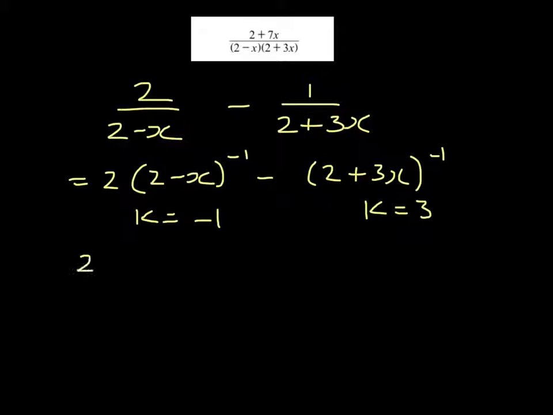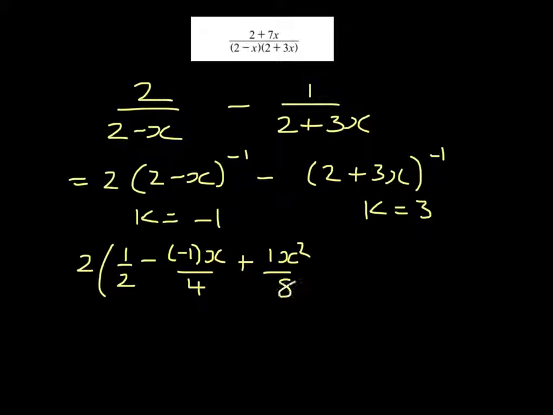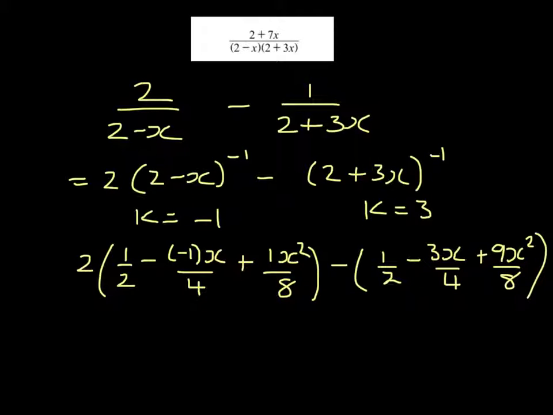That's going to give us 2 times a half minus kx over 4 plus k squared x squared over 8, minus 1 half minus kx over 4 plus k squared x squared over 8.